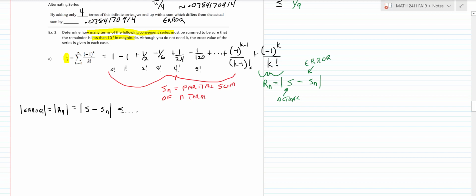That's less than or equal to the absolute value of a sub n plus 1. Now, that's the first neglected term. If you look at that on this particular series, the first neglected term, we can write that out in a certain way.